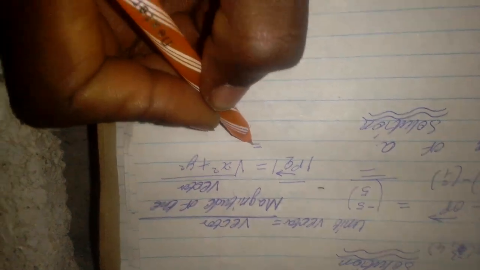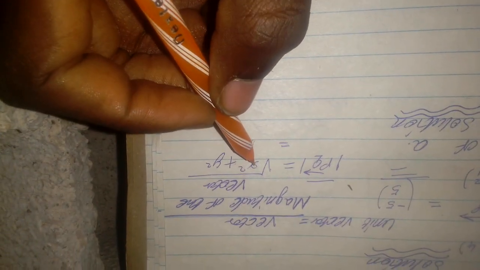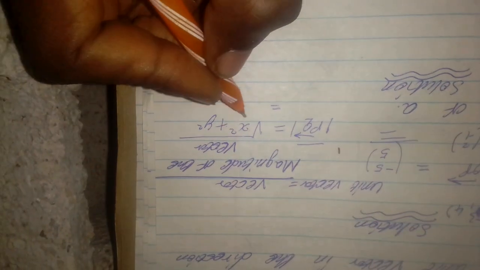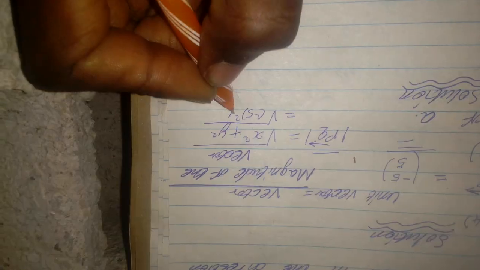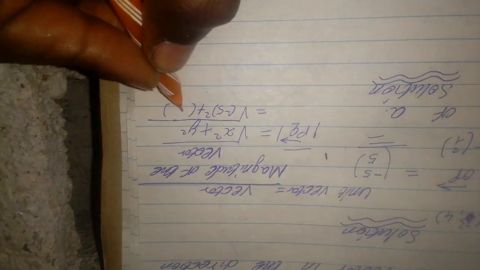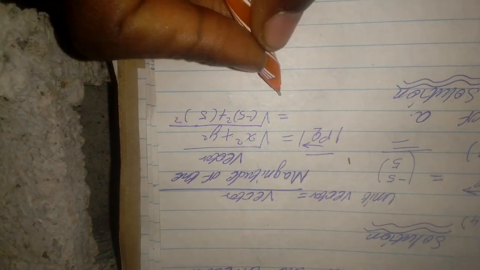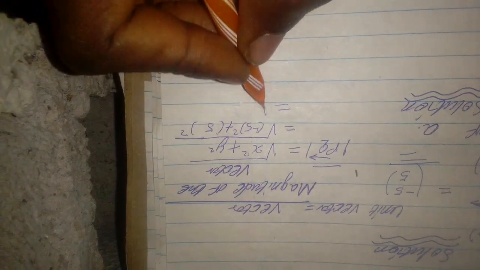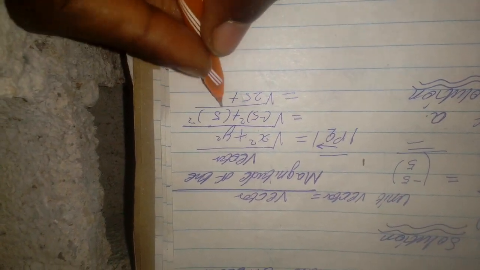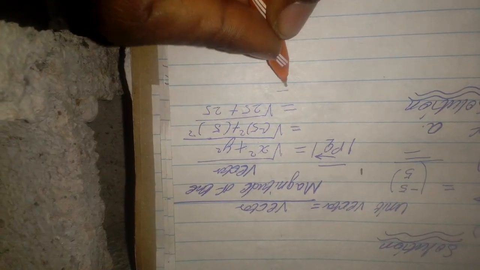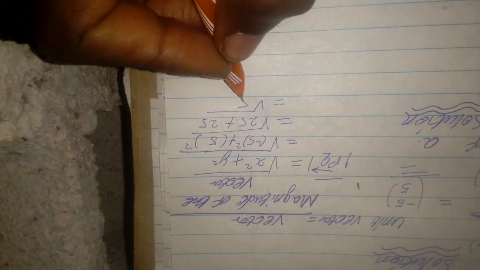When you substitute, our x value will be the number on top. So we're going to have the square root of open bracket negative 5 squared plus open bracket 5 squared. This will give us the square root of 25 plus another 25, so we get the square root of 50.